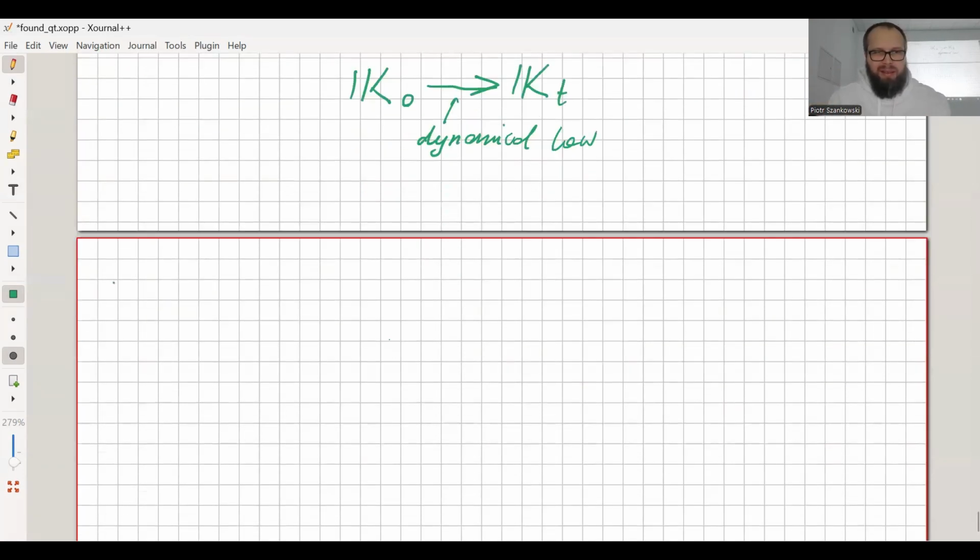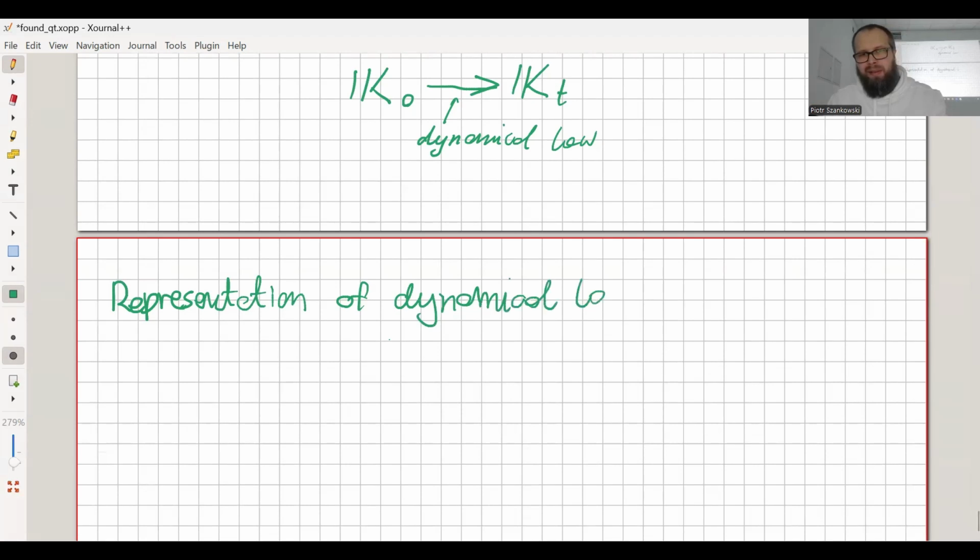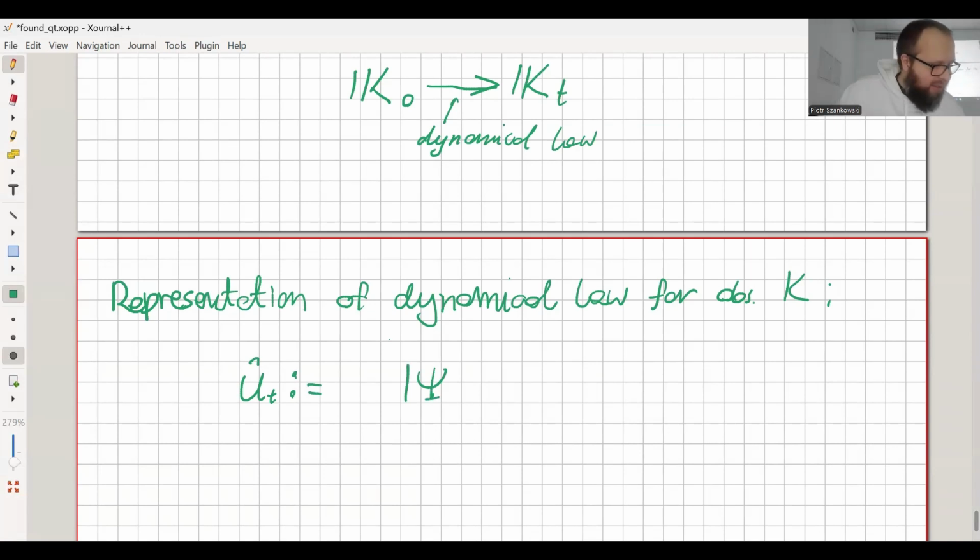So we have a representation of the dynamical law for observable K. We would have some Ut operator defined as the thing that executes the change of basis.